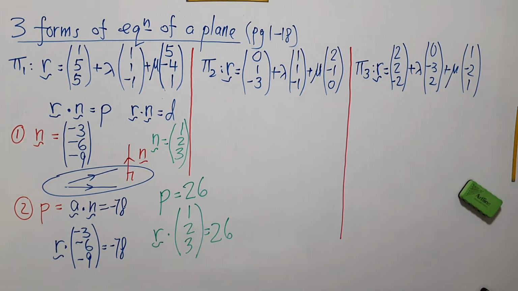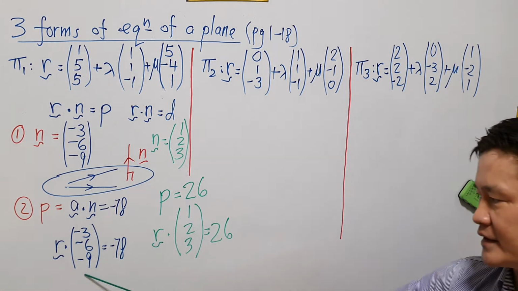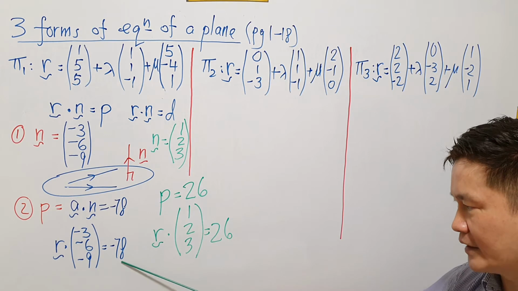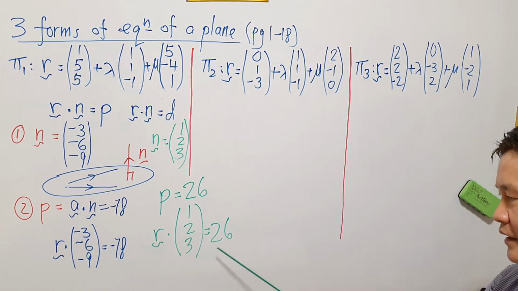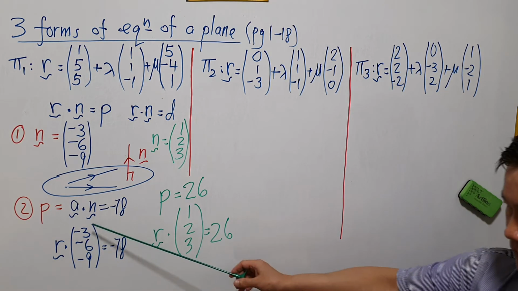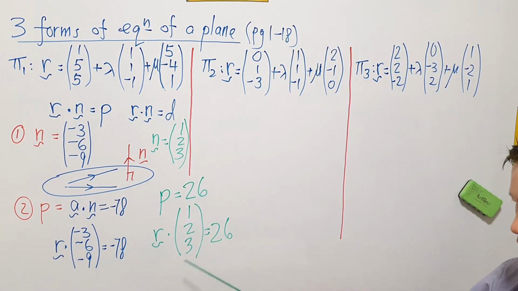Lo and behold, they look different. However, very soon you'll find that actually these two are the same. If I divide by -3 on both sides, I'll get this and this respectively. Try dividing by -3 to all of them and divide -3 on the right as well, you get this.